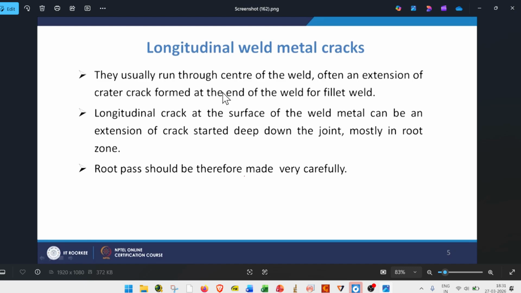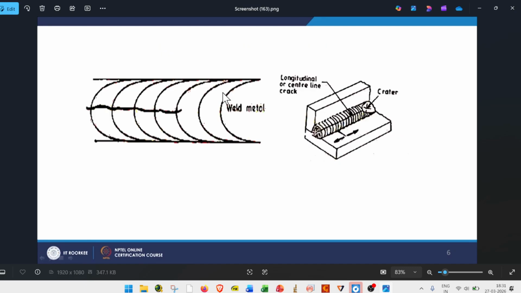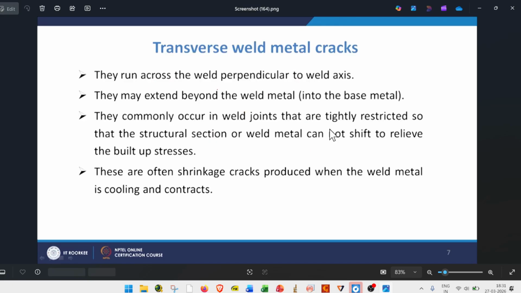Longitudinal cracks at the surface of the weld metal can be extensions of craters started deep down the joint, mostly in the root, so the root pass should be made very carefully. And transverse cracks happen perpendicular to the weld axis.